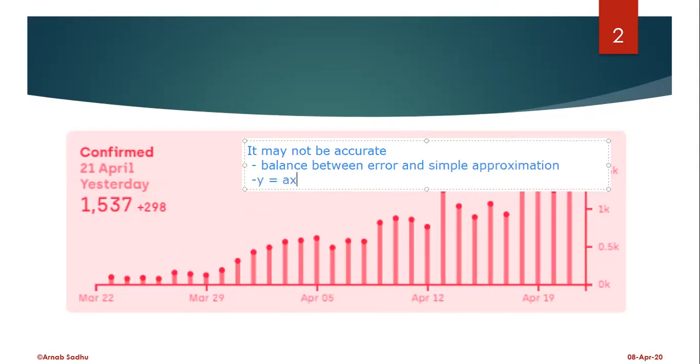To represent a straight line, y is equal to ax plus b is the only thing you need. So you need only two parameters: one parameter is a and the other parameter is b.